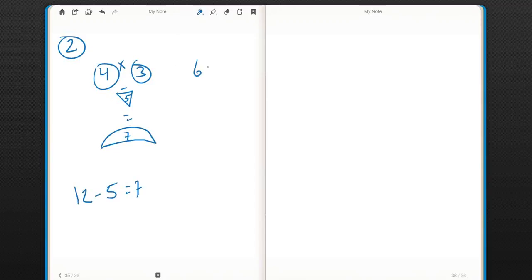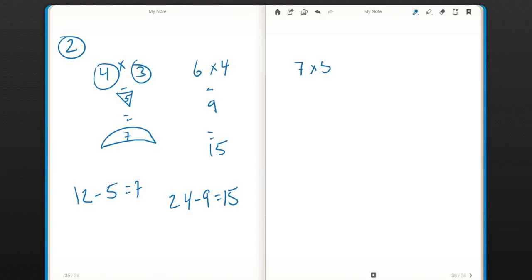In the second problem, it's 6 times 4, subtract 9 equals 15, because 24 minus 9 is 15. So the last problem, they want you to find 7 times 5, subtract 11, and you would get 24, because 35 minus 11 is 24.